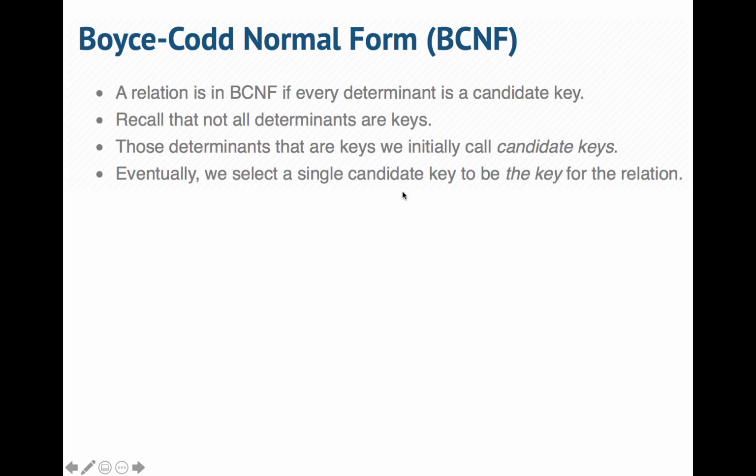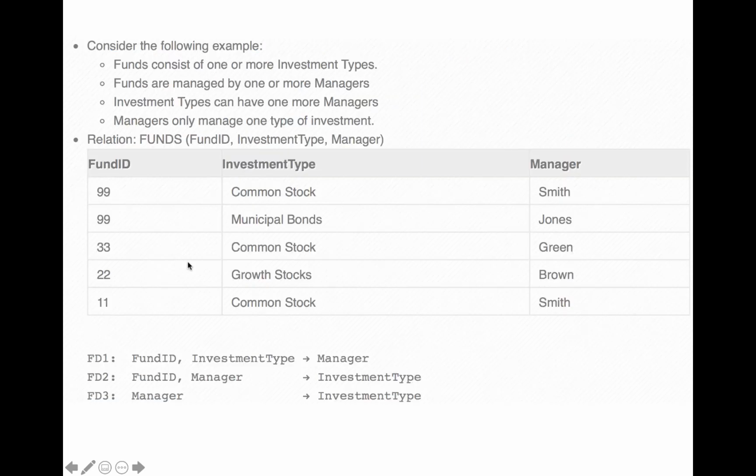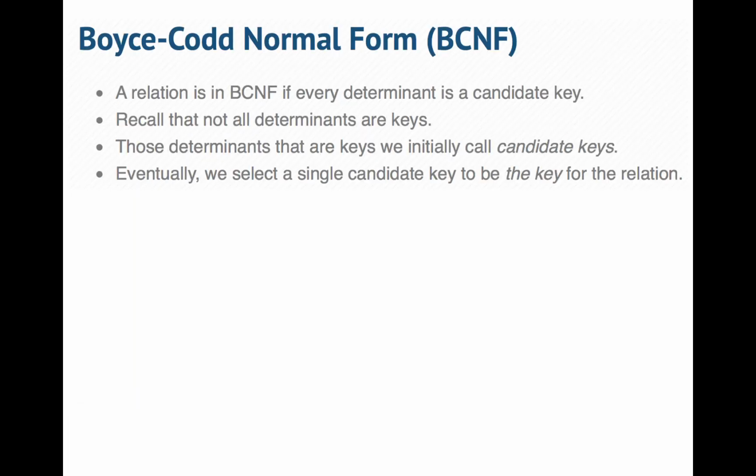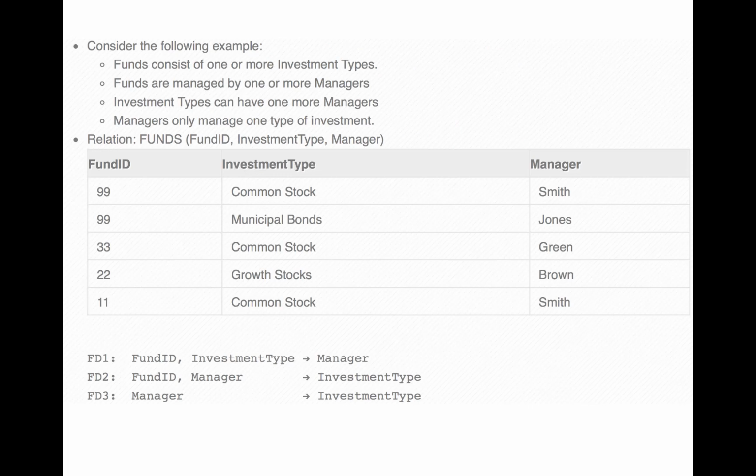Eventually we select a single candidate key to be the key for the relation, right? So if a key can determine another key and it's not a candidate key, then we are not in Boyce-Codd normal form. So we should avoid keys that determine other keys.